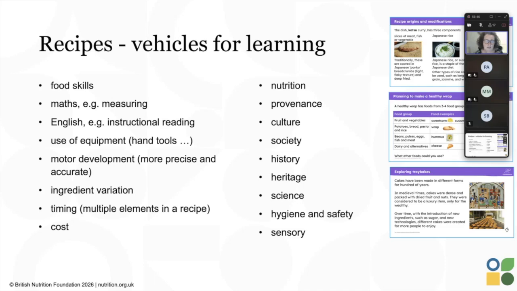Certainly towards the end of the Year 9 lessons that we've put together, some of the recipes are quite complex and there are lots of different elements, and they really have to think about how those all work together and the timings it will take in order to get the dish finished at the right time. So some really lovely things, but also maths, English, all of the things that we need to make sure we're including in our curriculum, in our lessons, right from Key Stage 1 to the end of Key Stage 3. So lots of fantastic opportunities for learning. Thanks, Roy.